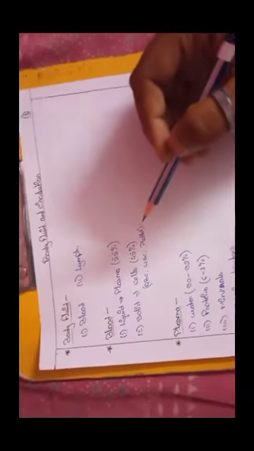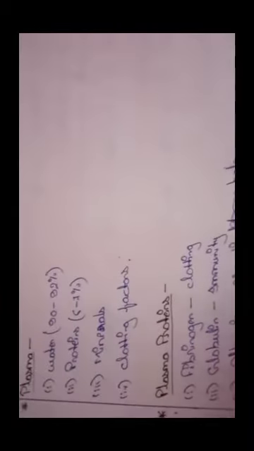So what is plasma? Plasma is a watery part. It contains protein, minerals and clotting factors.